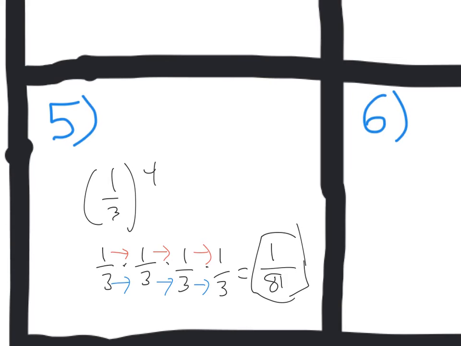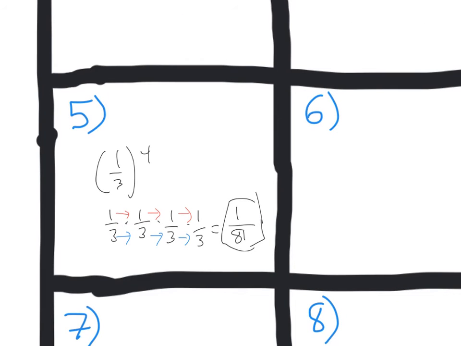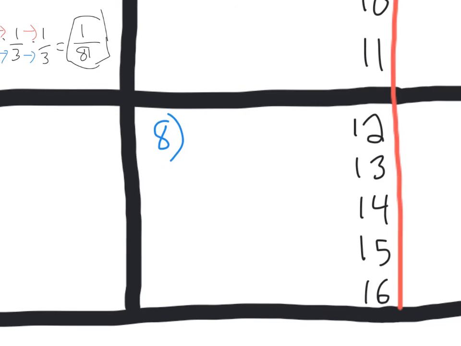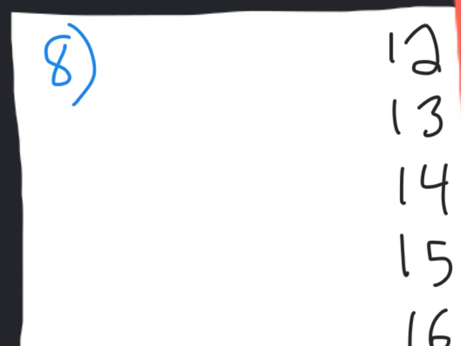Okay, let's look at a word problem, and then we will move on to evaluating the expressions. Number 8. It says Interstate 70 stretches almost 2 to the 3rd times 5 squared times 11 miles across the United States.